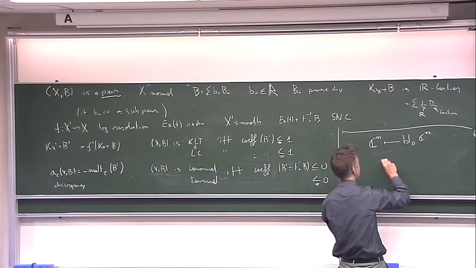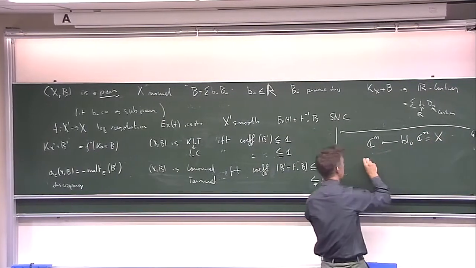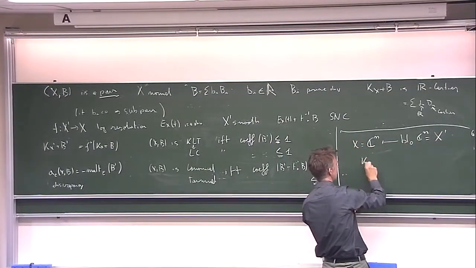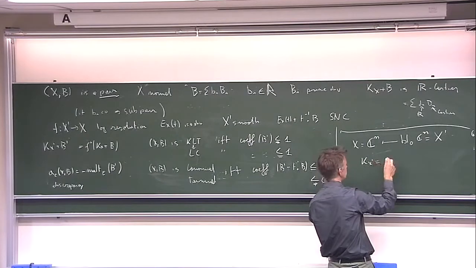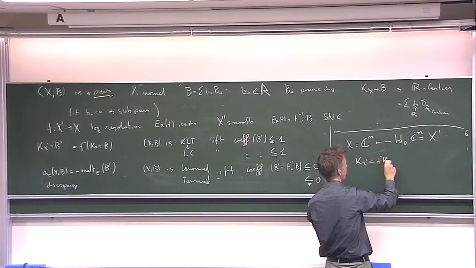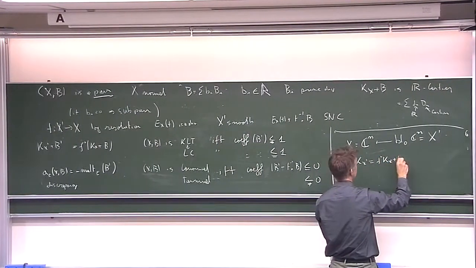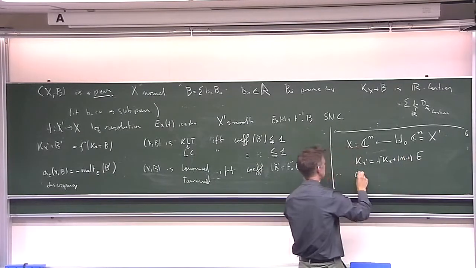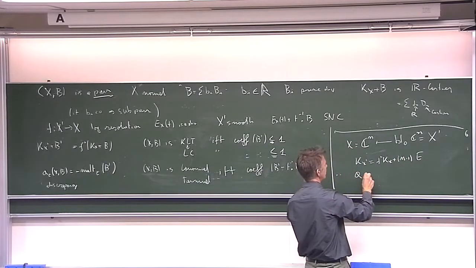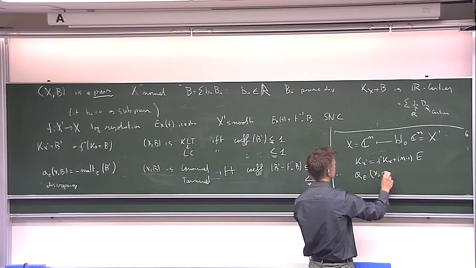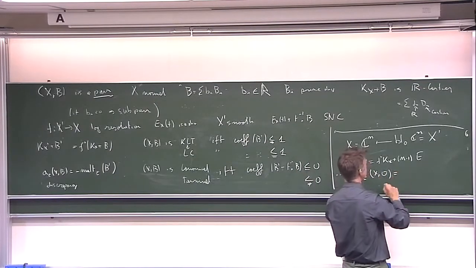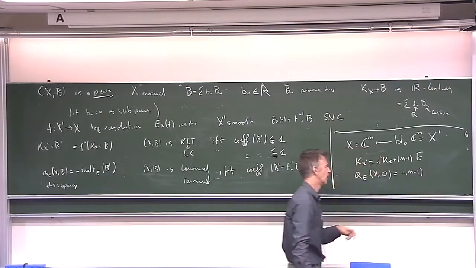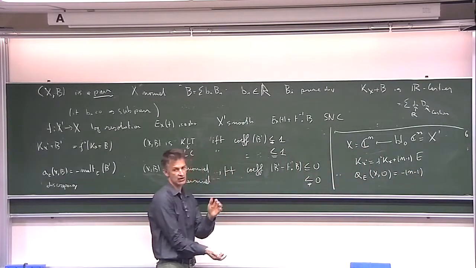Call this X prime and this X. Then I get that K_X' is, as we wrote down before, the pullback of K_X plus (n minus 1) times the exceptional divisor. So a(E, X, 0) in this case is actually equal to minus (n minus 1). That's the computation of that discrepancy.